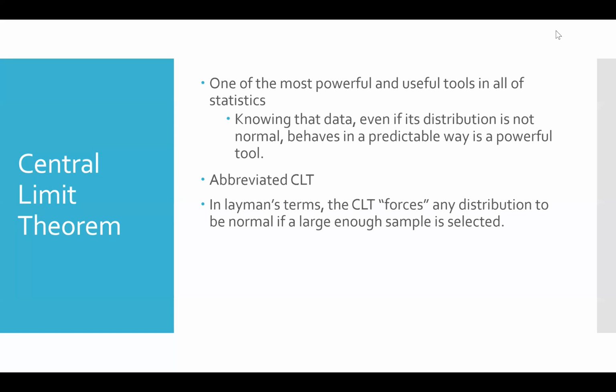In layman's terms, we're going to get into the technical a little bit more today than we usually do, but in everyday terms that hopefully you can understand, what the central limit theorem does is it forces any distribution, whether it's skewed left, skewed right, a uniform distribution, even an exponential distribution or the binomial, to be normal if a large enough sample is selected.